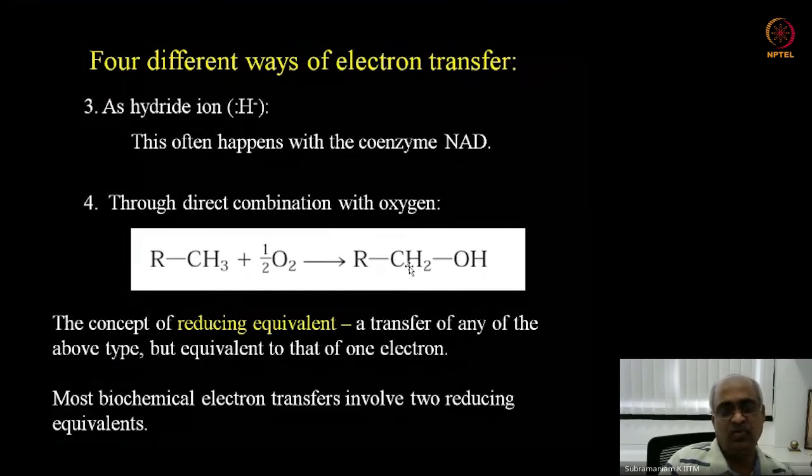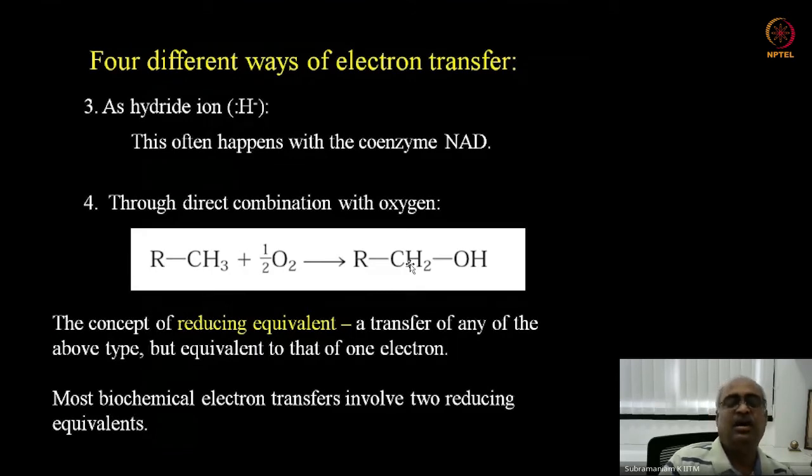So these are the four ways: directly as electrons, as hydrogen atom, as hydride ion, and fourth by combination with oxygen. Here only the oxidation state is changed or altered without formal electron transfer.